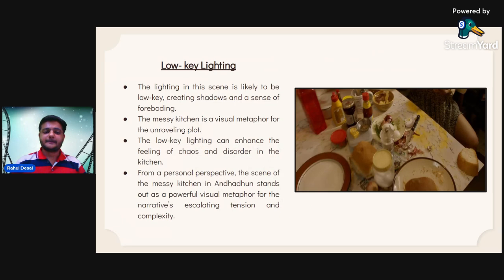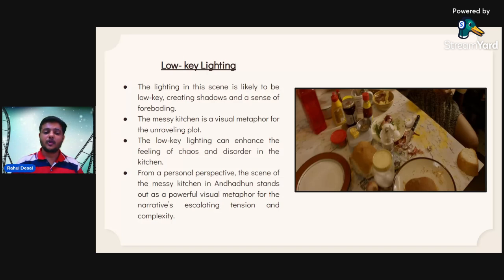Low key lighting. The lighting in this scene is likely low key, creating shadows and a sense of foreboding. The messy kitchen is a visual metaphor for the unraveling plot. The low key lighting can enhance the feeling of chaos and disorder in the kitchen.